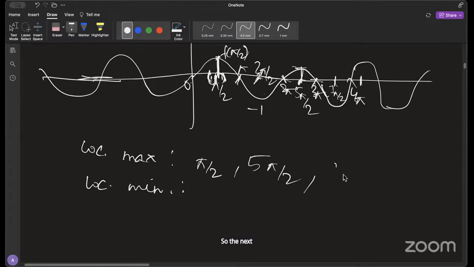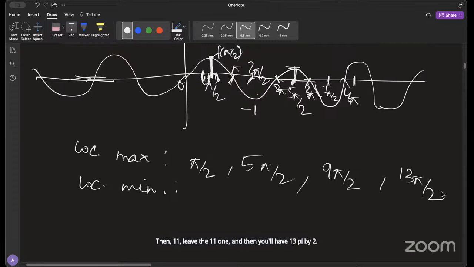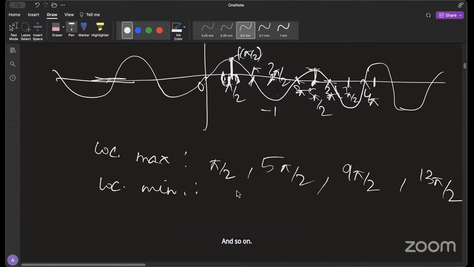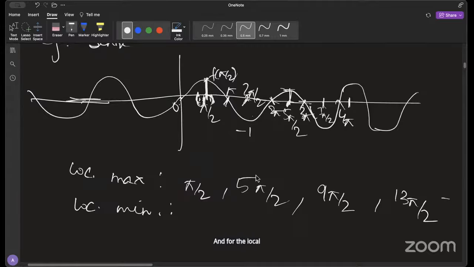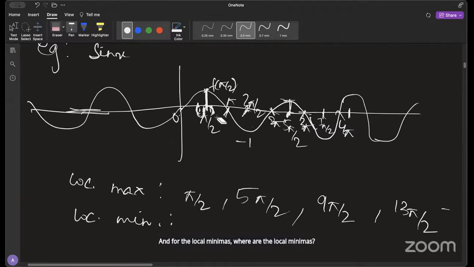So the next one is going to be 9 pi by 2. Then leave the 11 one, and then you will have 13 pi by 2, and so on. And for the local minimas, where are the local minimas? Let me draw this clearly.